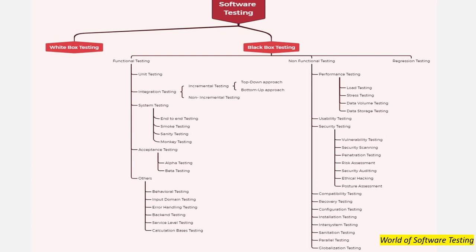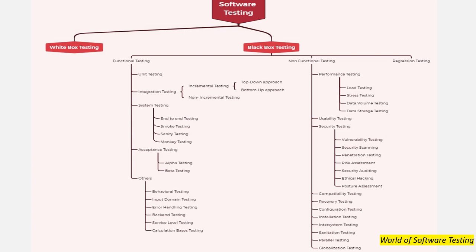The second one is the input domain testing. This is related to the different objects on the application, such as the text box, the radio button, the different buttons, the drop downs. So this is basically the checking of those objects. The third one is the error handling testing.